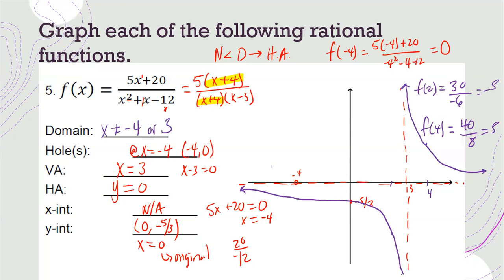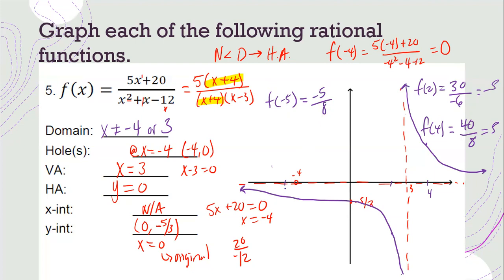Well, no, I don't think it's going to. Let's do negative 5 and see. So we plugged in negative 5. That's going to give me negative 25 plus 20 is negative 5. 25 minus 5 is 20. 20 minus 12 is 8.